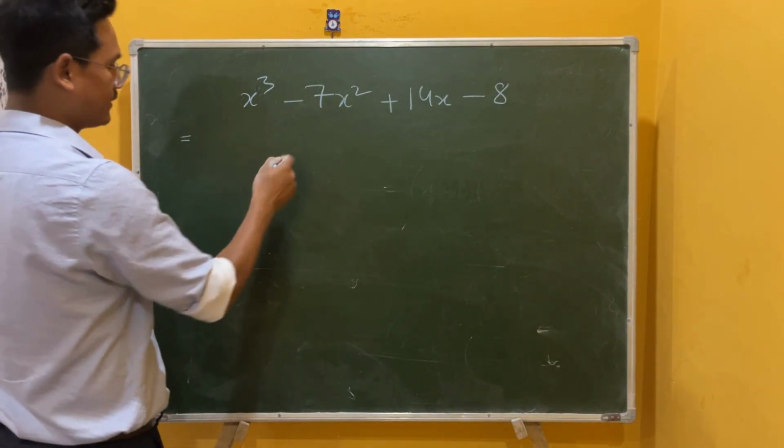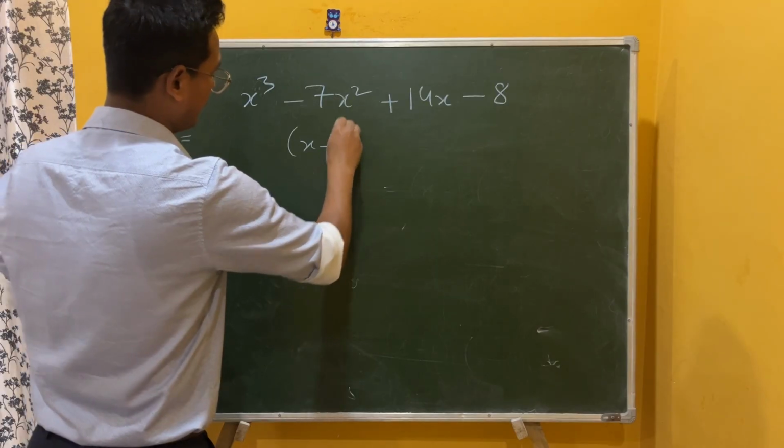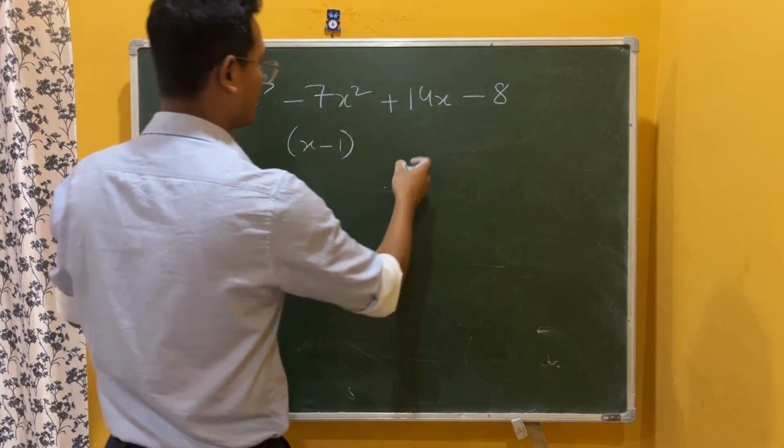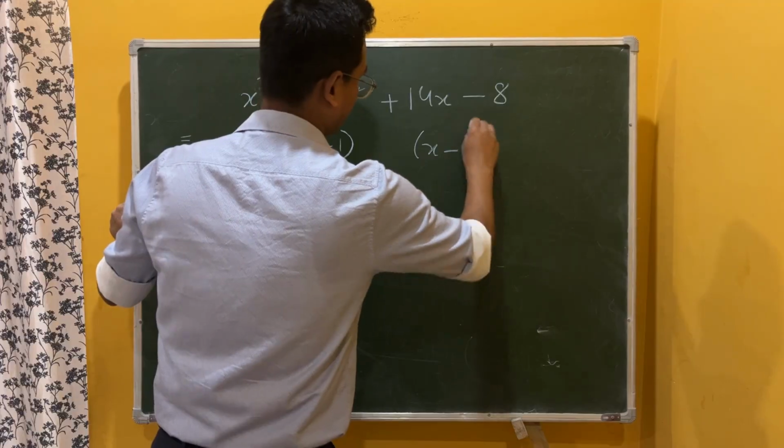So we know one of the factors, x minus 1. So you write this thrice.